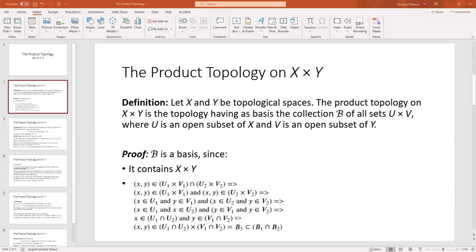I think for the set {1, 2}, we can define a discrete topology: the empty set, {1}, {2}, and {1, 2}. It would be a topology because we have all the unions and all the intersections, and we have the empty set and the whole set. And for Z, if we just take the set of all subsets, it should work.